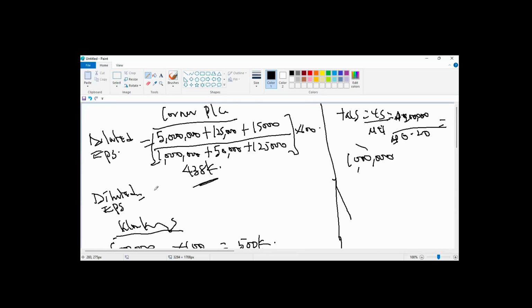That's okay. 5 million for the basic, plus that of the convertible loan, 15, divided by 1 million for the basic, plus 125. I will not include it because it is anti-dilutive.